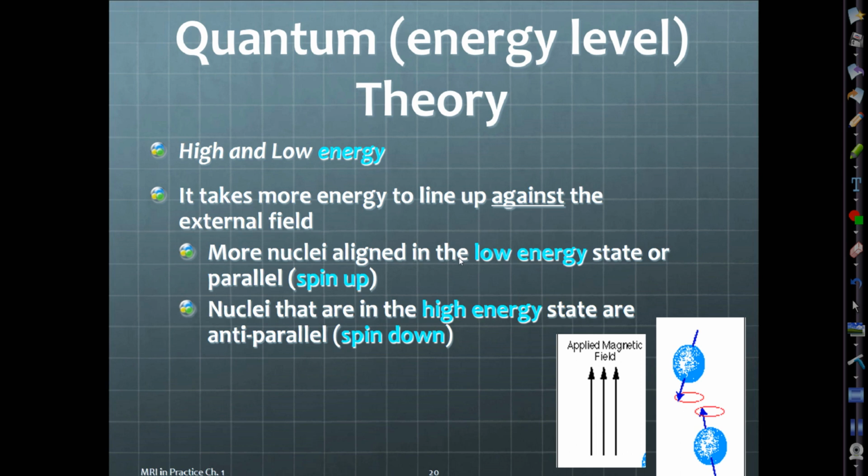So the ones that align with the static magnetic field, which we described as parallel, are considered low energy because they don't have enough energy to oppose it. And the ones that are anti-parallel, or what we call spin down, are high energy because it takes more energy for that hydrogen spin to oppose the static magnetic field, which is in the range of 10,000 gauss. Those are high energy spins.